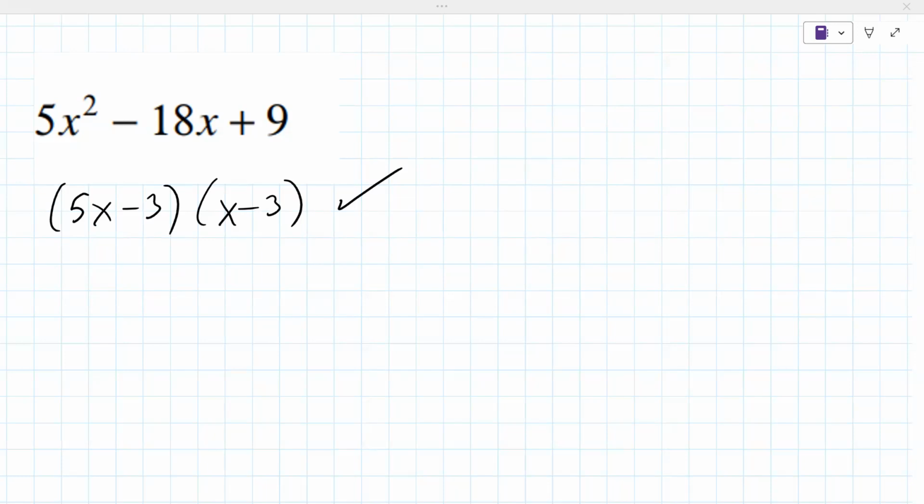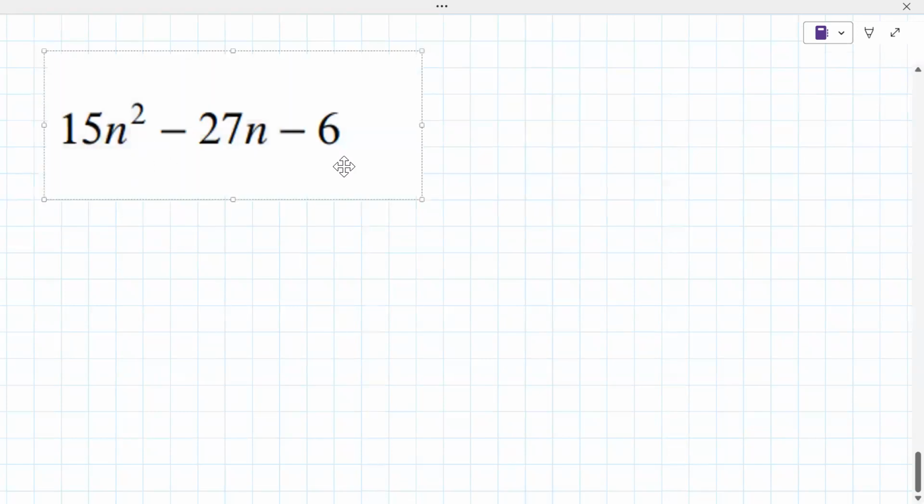Good. Okay. So there are some other problems that appear to fall into this category, but they're not. Let me show you one of those here. This one kind of appears to fall into that category. But one of the things your teacher should have said is that you always try to find the greatest common factor.